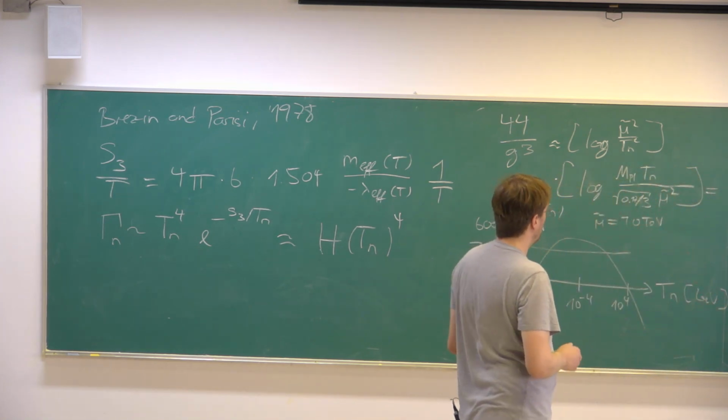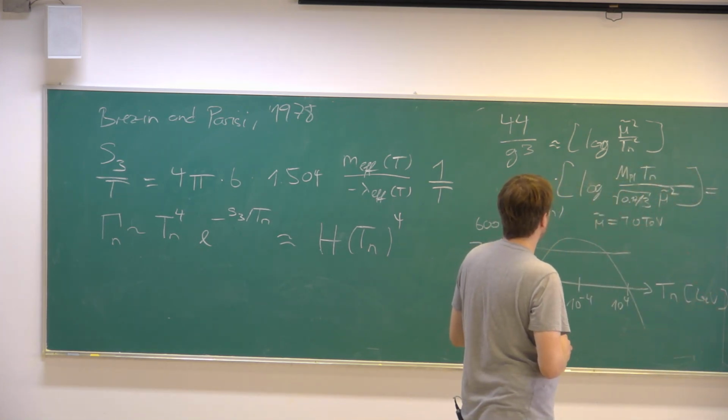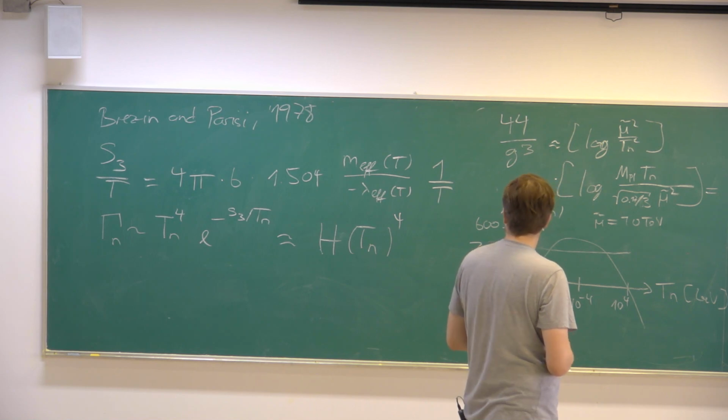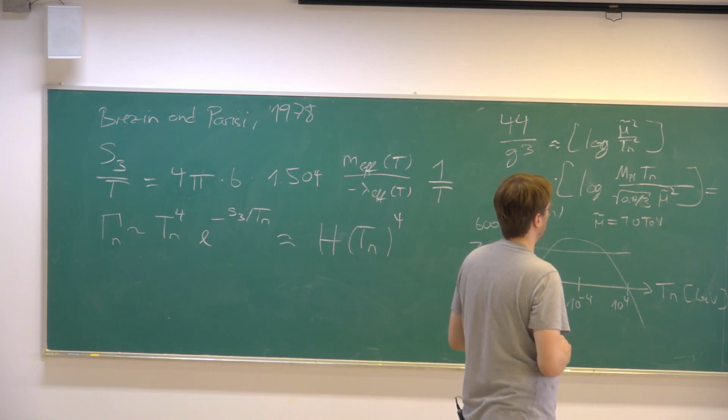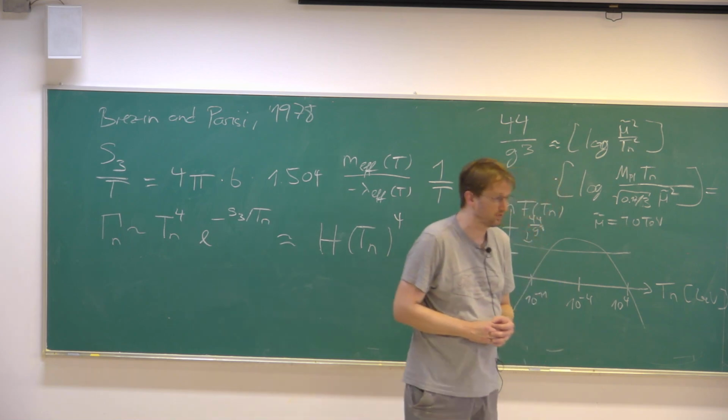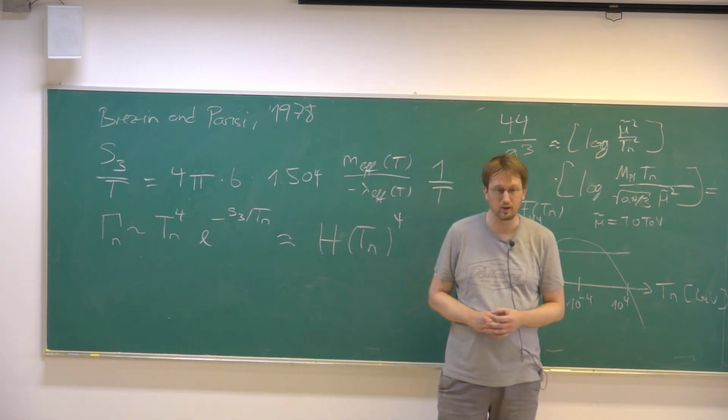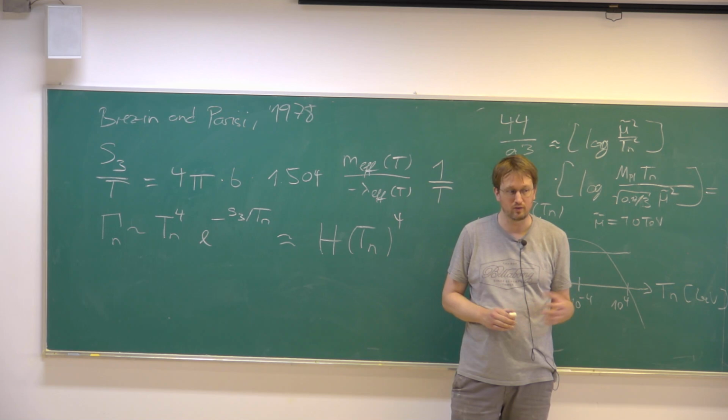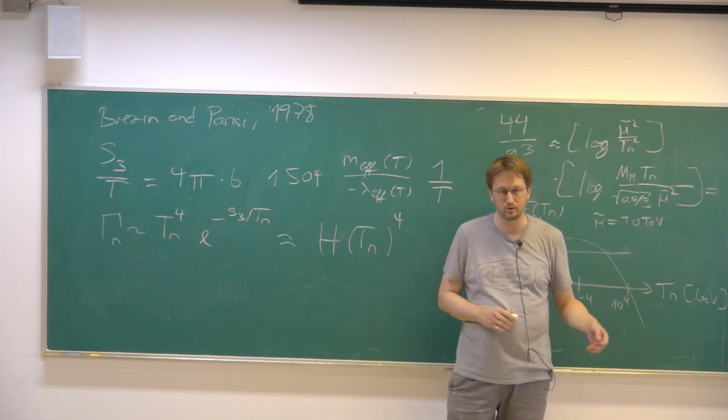Okay, so this was the thing I wanted to show. My point really is that Coleman-Weinberg type models with a lot of supercooling phase transitions are the ones you can actually currently observe in current gravitational wave experiments.